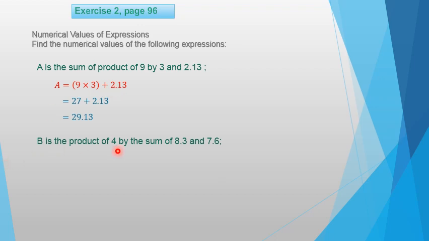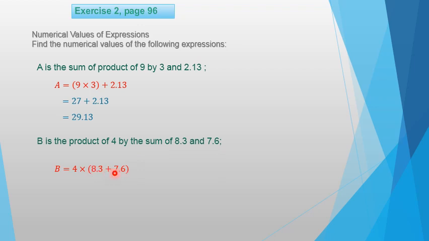B is the product of 4. Look, it's 4 multiplied by what? By the sum of 8.3 and 7.6. Again, B is the product of 4, so I have to start B equal 4 times, but times what? It's times the sum of 8.3 plus 7.6.